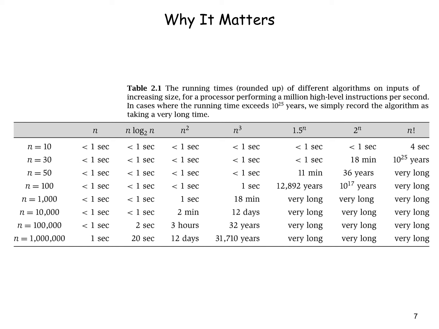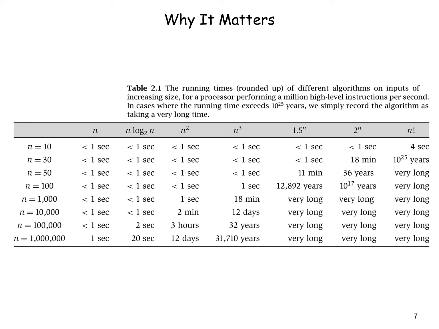But it's clear that if you have a polynomial time algorithm, then the time is much faster than for, say, the 2 to the n column or the n factorial column, where very quickly you get very, very fast and very, very slow algorithms.